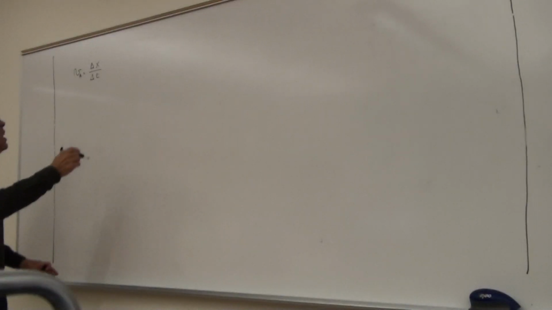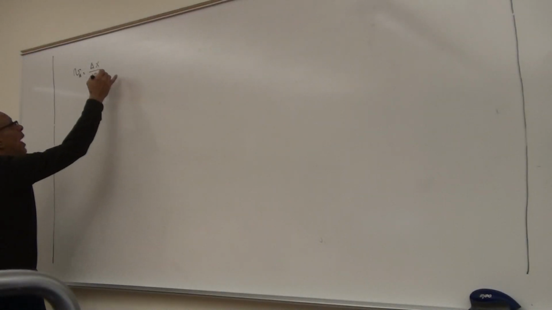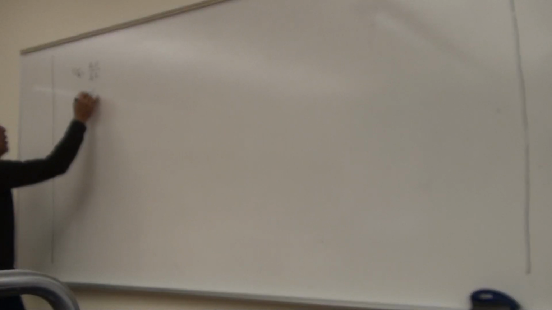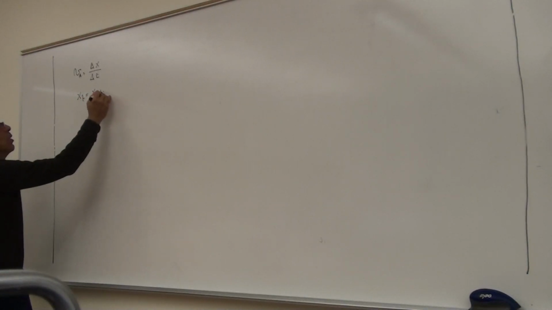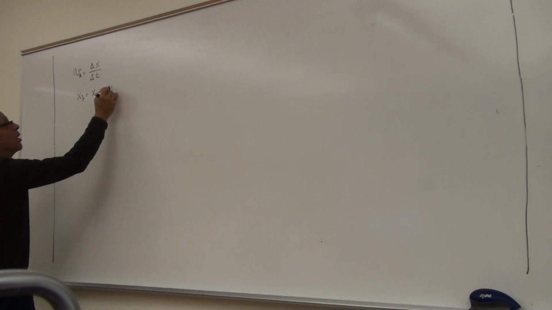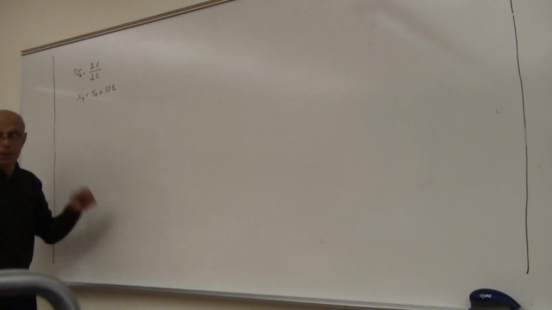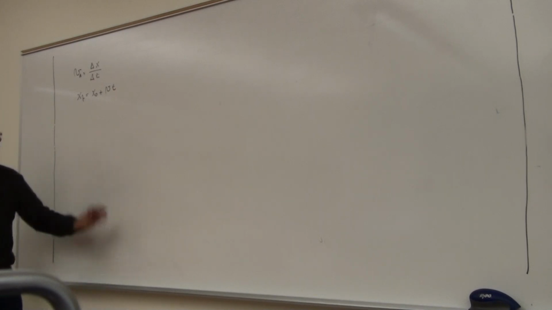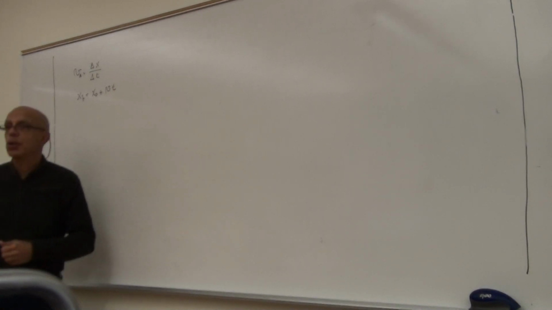And how do we describe that? We come up with this formula: the position is going to be the initial position plus velocity times time. This is a situation where there is no acceleration.